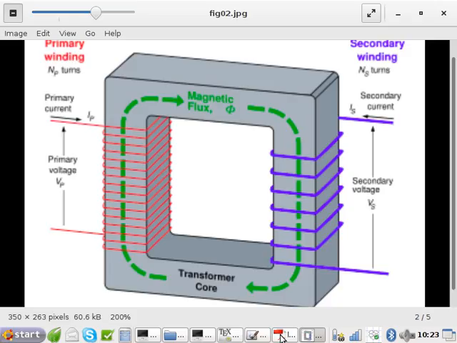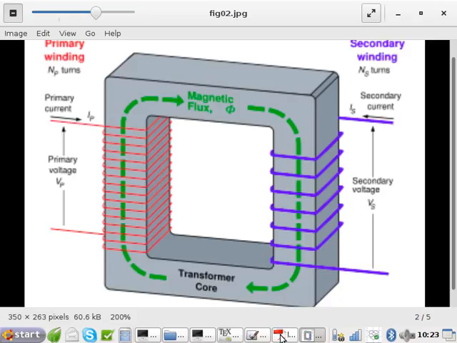Now, if this is alternating, will the direction stay like this, to the right? No, what will happen? It'll turn to the left. So what will happen to the magnetic field here? It changes. The magnetic field here is changing back and forth, going up and down, up and down.